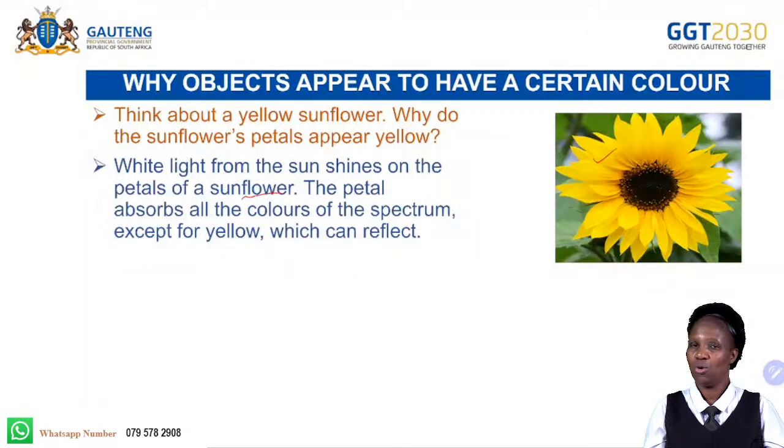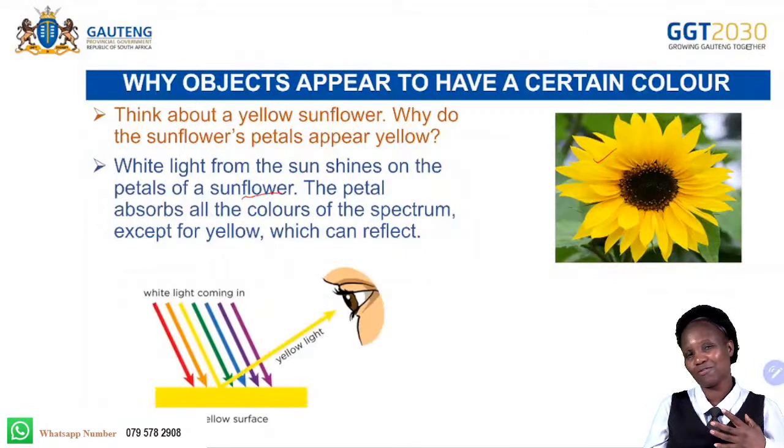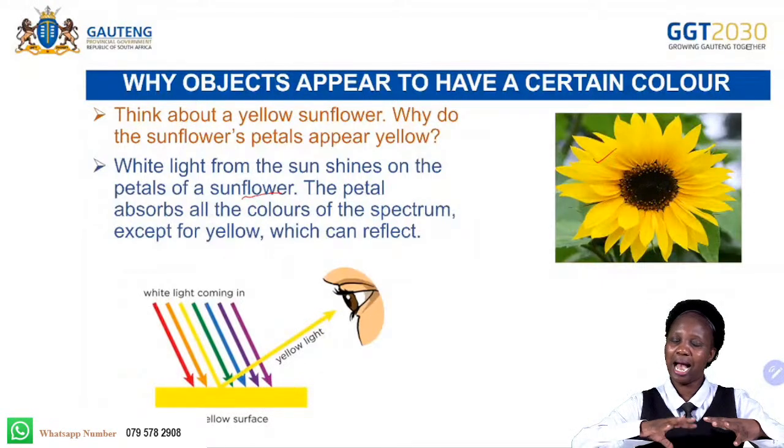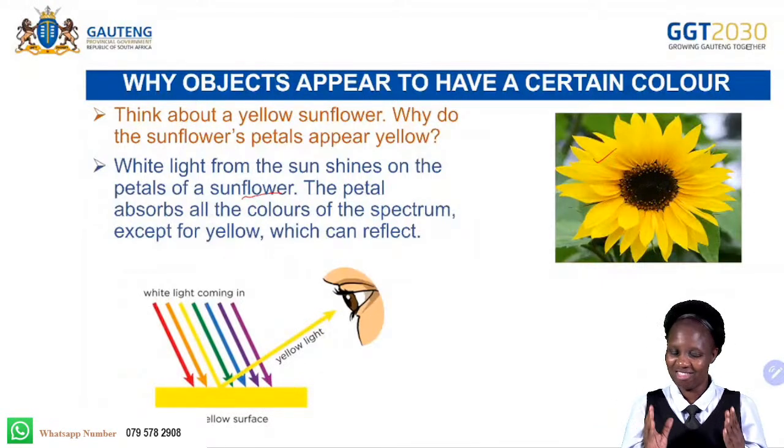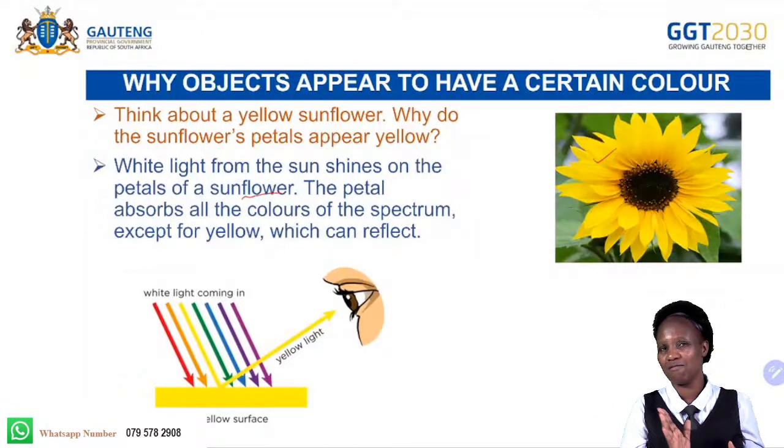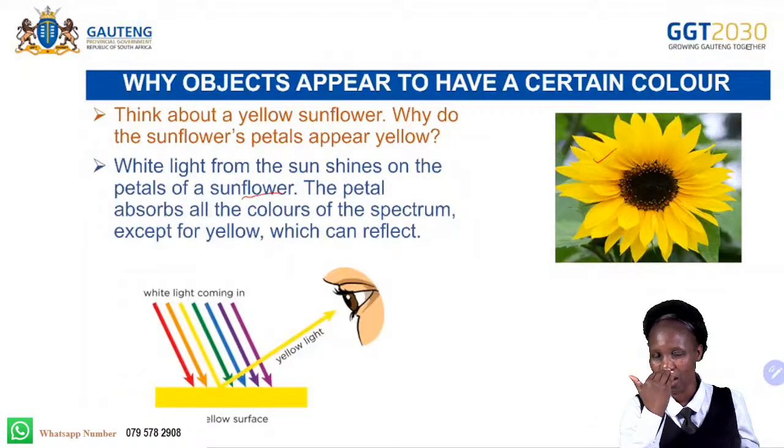When all the colors of the visible spectrum are being absorbed and only yellow is being reflected, this is the outgoing ray. This is the reflective ray. This is the ray that will enter our eyes. This is the light that is going to enter our eyes.